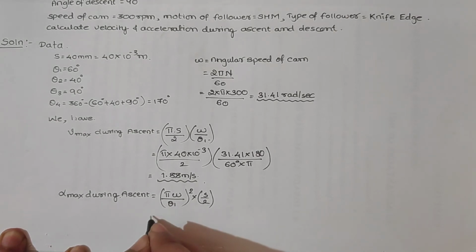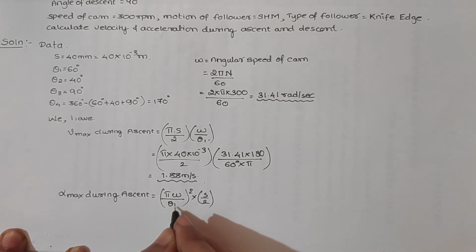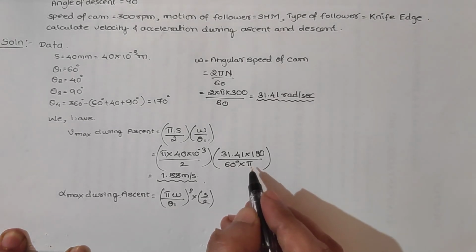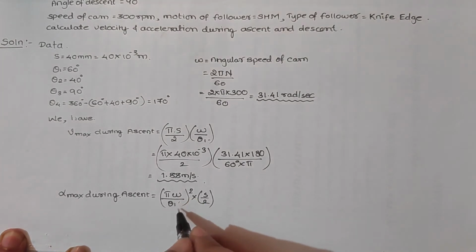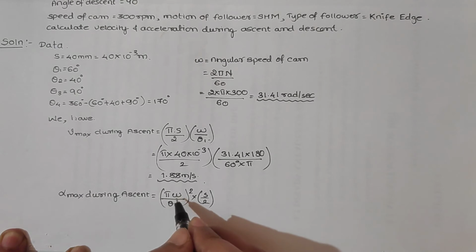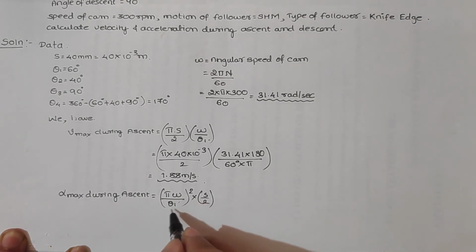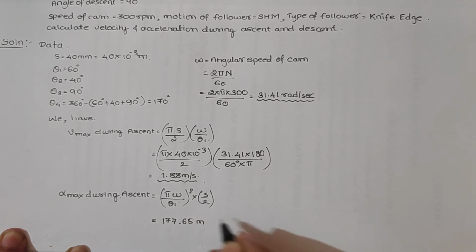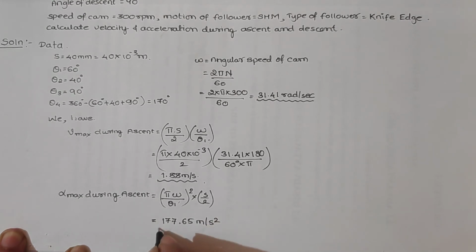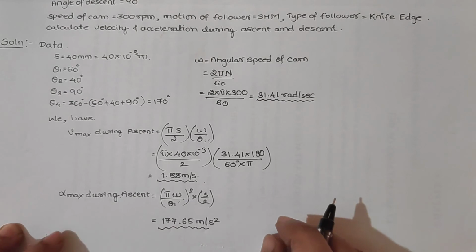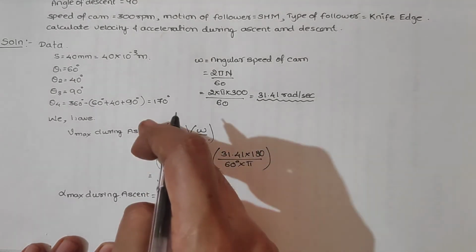Substituting again those values, here theta has to be substituted in terms of radians, so again you multiply by pi by 180. So pi will get cancelled. You are going to substitute the values, and I have already substituted and got the answer: 177.65 meter per second square. You can do it, you will get these answers. Okay, easy. This is during the ascent period.